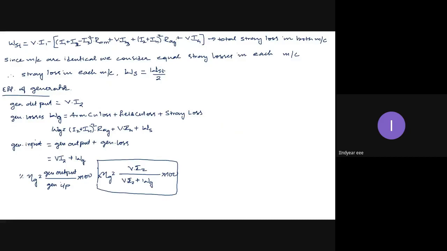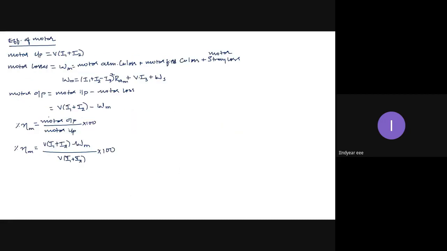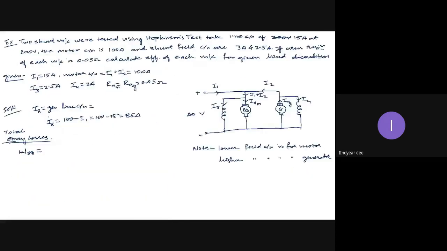Total stray losses is V into I1, which is the line input, minus the motor armature current squared, IAM squared RA, plus V into I3.